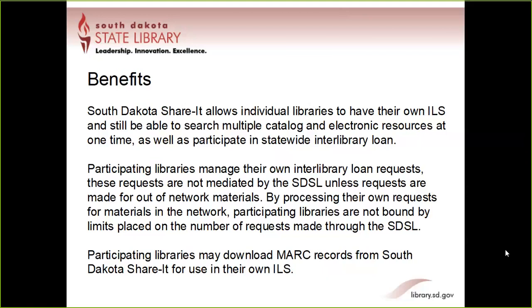We have one full-time interlibrary loan librarian, so he would get overwhelmed if he was doing this for all of the libraries. And lastly, the participating libraries can use the cataloging functions in ShareIt, again, to download MARC records, to use in their own ILS, to update records that are in ShareIt as well.